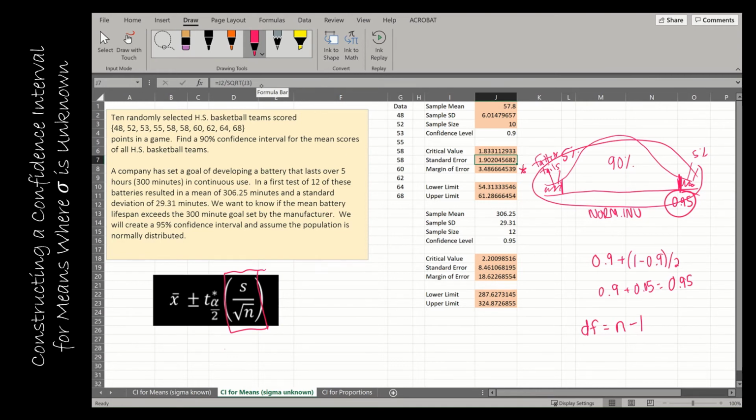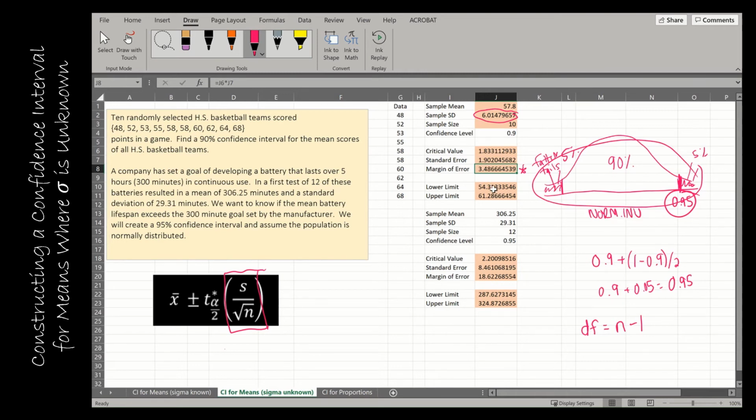Standard error is the sample standard deviation, which is this value, divided by the square root of 10. So that's my standard error. And then because I found the standard error as a separate calculation, margin of error, as you can see, is just multiplying those two numbers together, J6, J7. So again, on my last example, I didn't do a standard error, I just included the standard error calculation in my margin of error formula.